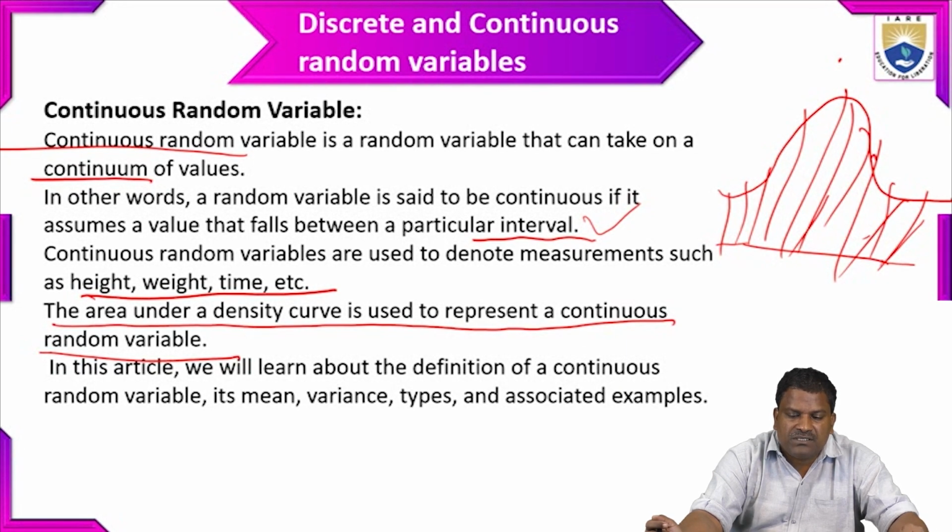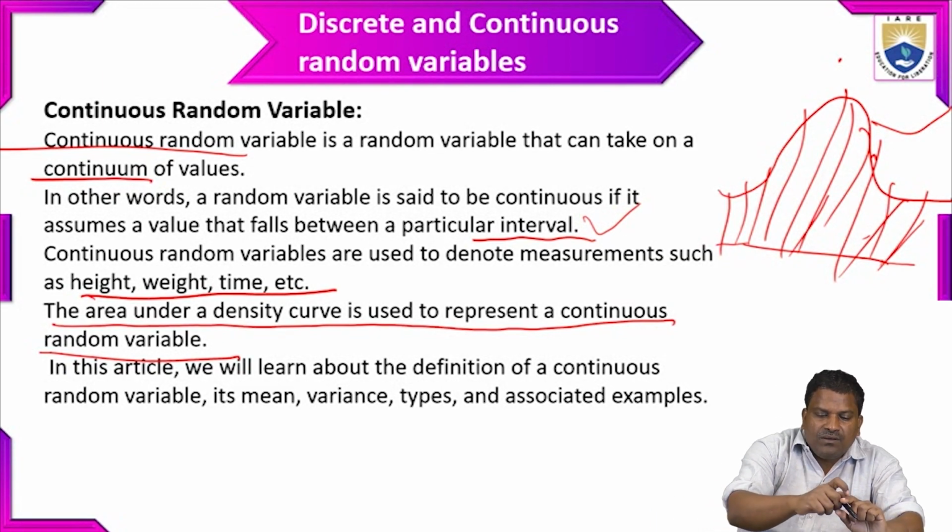Continuous random variables are used to denote measurements such as height, weight, time, etc. The area under a density curve is used to represent a continuous random variable.